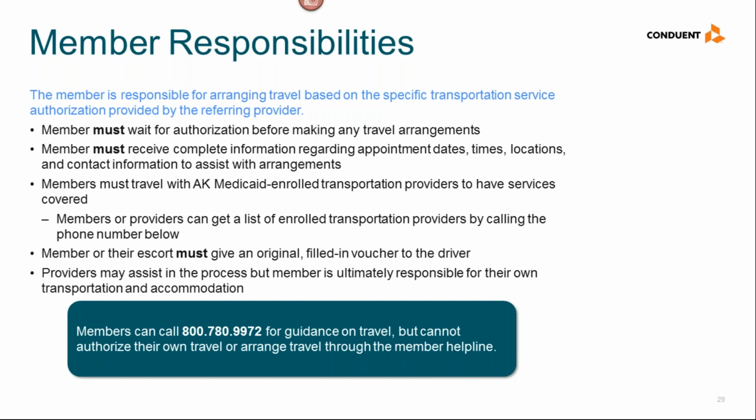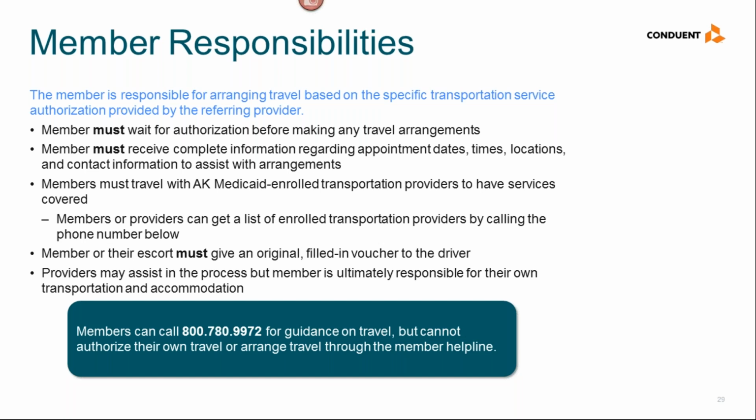You guys probably know, and hopefully members do as well, not every taxi provider is enrolled with Medicaid, and not every wheelchair van also. So not all providers are enrolled with us. They do need to make sure that whoever they're riding with is enrolled with us. They, or you, can get a list of enrolled transportation providers by calling provider inquiry.